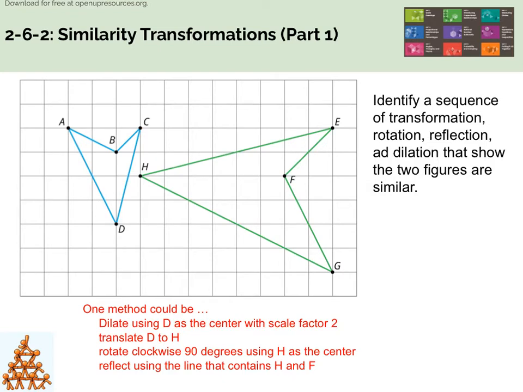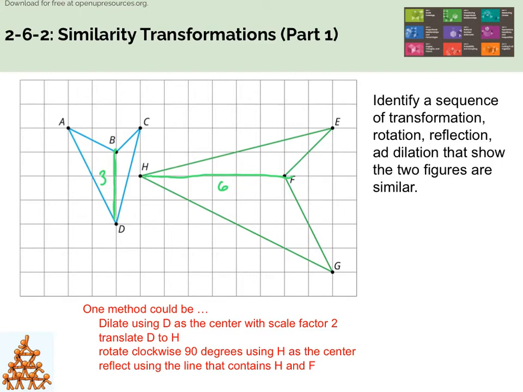You're like, okay, Miss Marion, how did you find the scale factor of 2? I looked at the distance between these 2. This is 3, and then the distance between H and F is 6. So 3 times 2 is 6. That's how I got this scale factor.